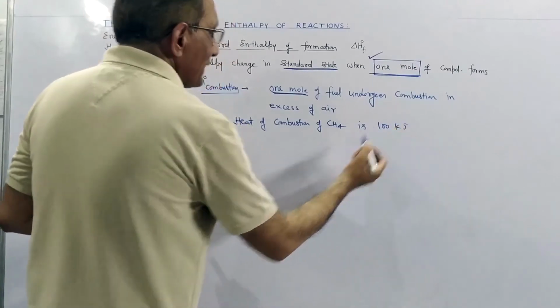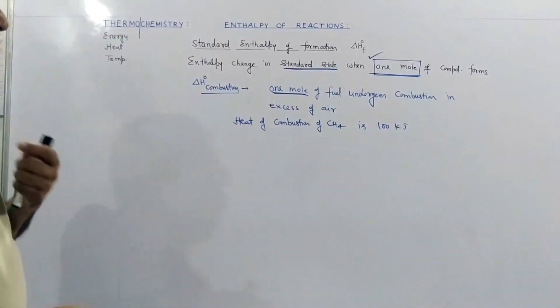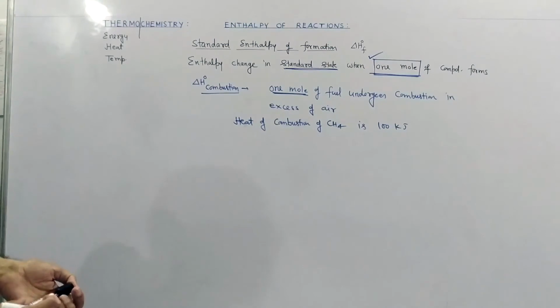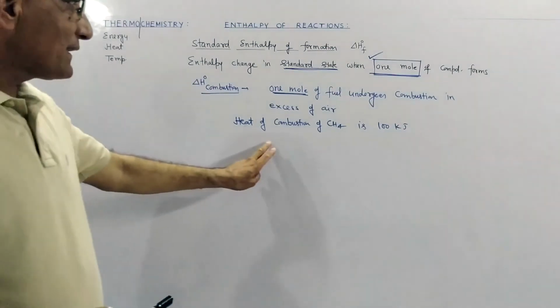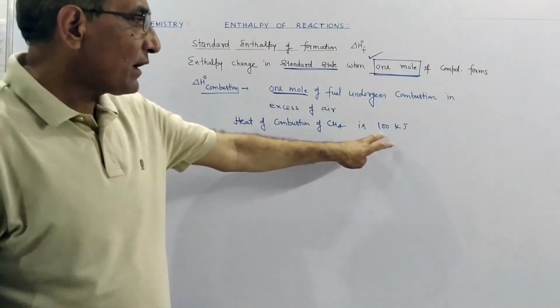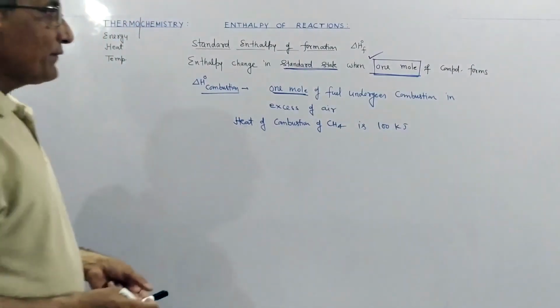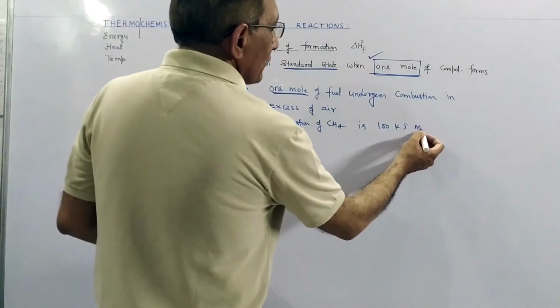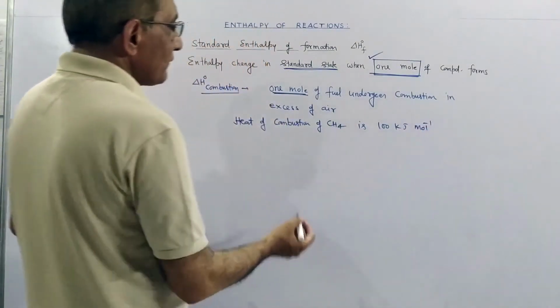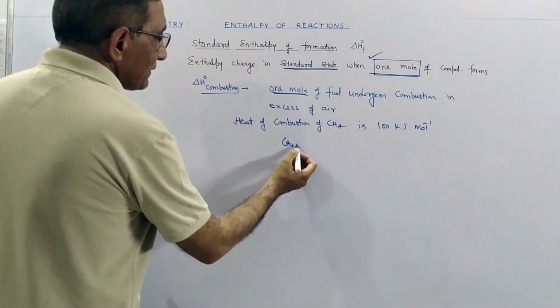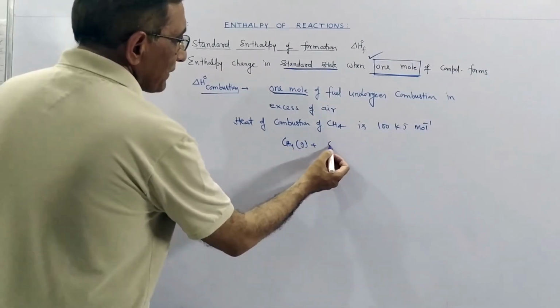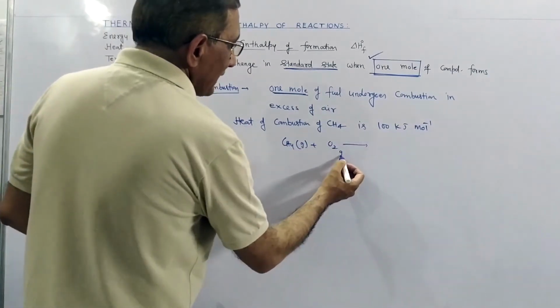This is not a valid statement, because it doesn't tell how much methane we have taken. If we write 100 kilojoule per mole, it means when 1 mole of methane undergoes combustion, the reaction will be like this.